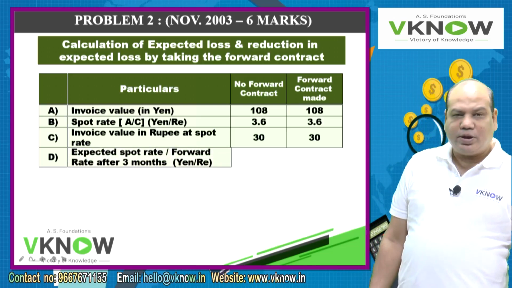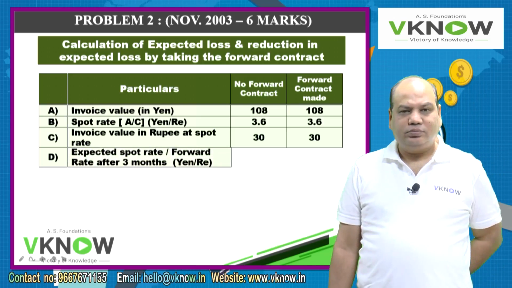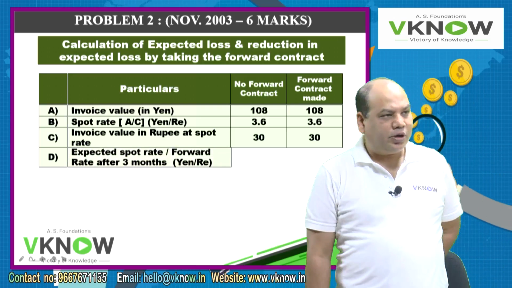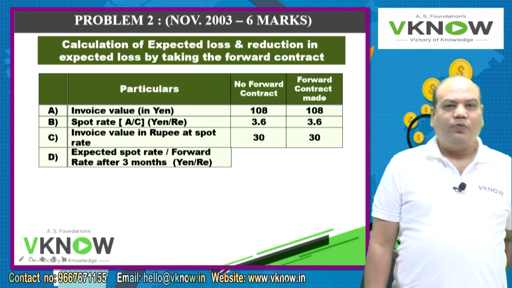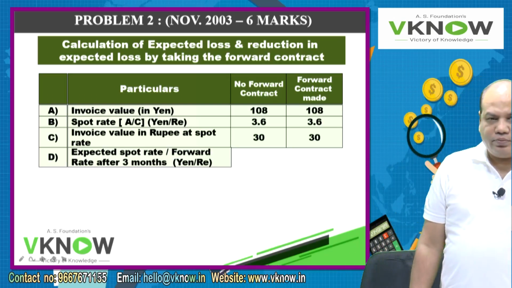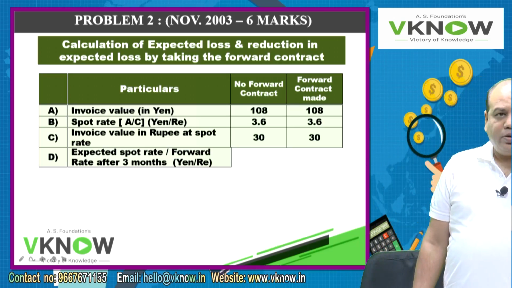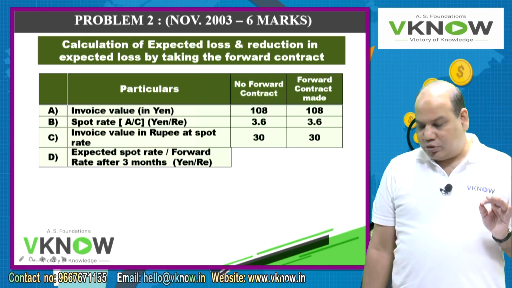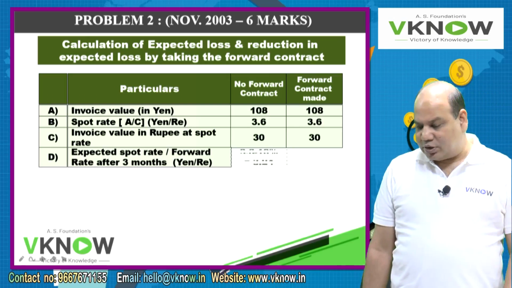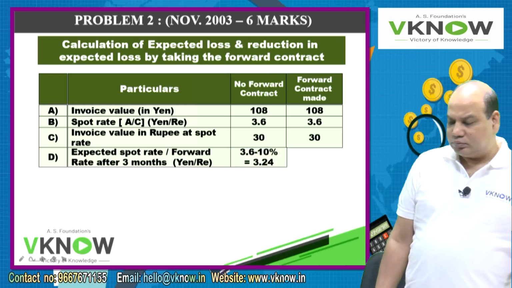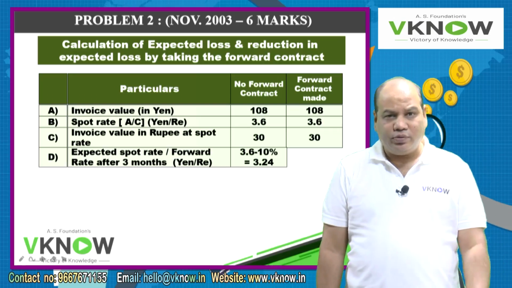Now write down expected spot rate oblique forward rate. Expected spot rate for the first column, forward rate for the second column after 3 months. In bracket yen per rupee. Expected rate would be spot rate minus 10%. 3.60 minus 10%, 3.24.